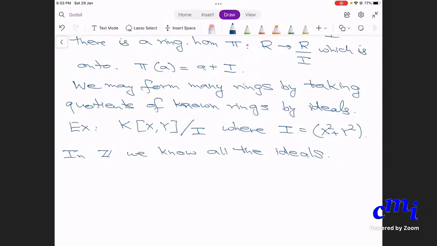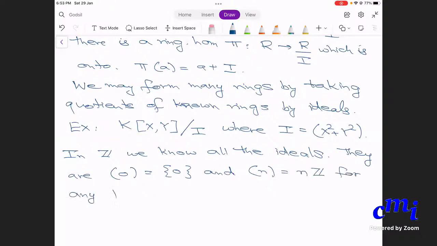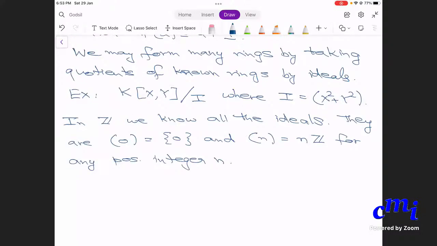They are the ideal 0, which has only 0 in it, and the ideal generated by n, which is all the multiples of n, for any positive integer n. So this is a complete list of every ideal in Z.